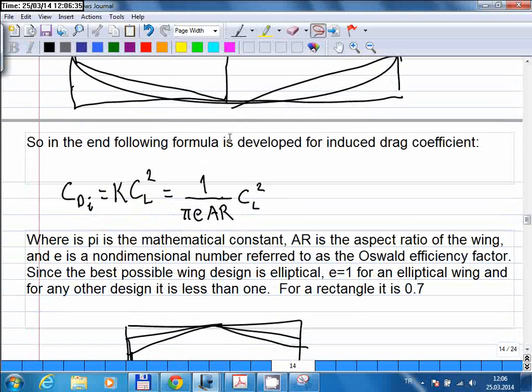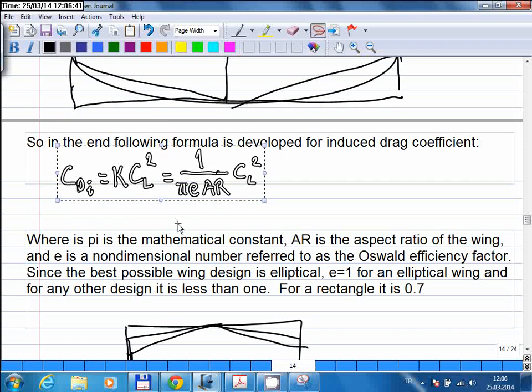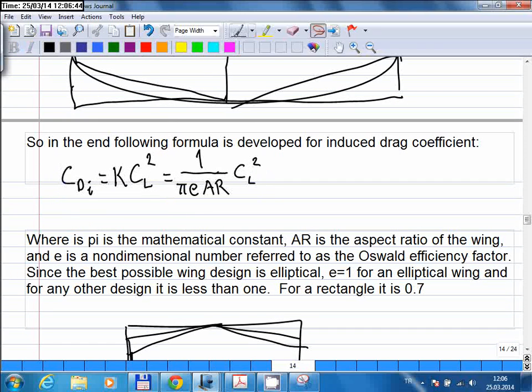There's a pi number here. Again, I don't really know why this pi number goes in there.